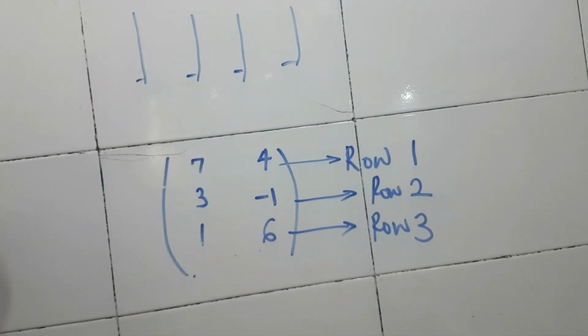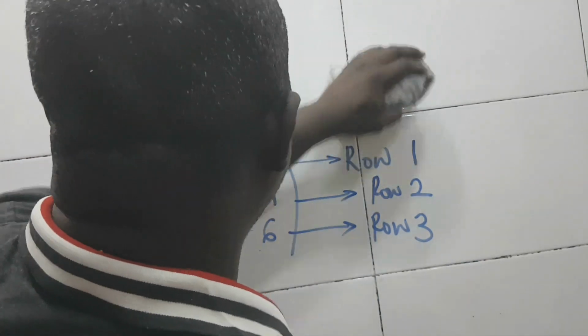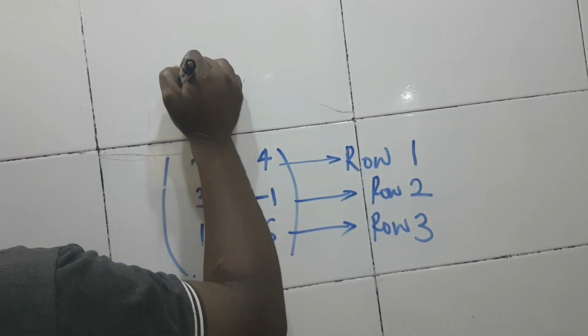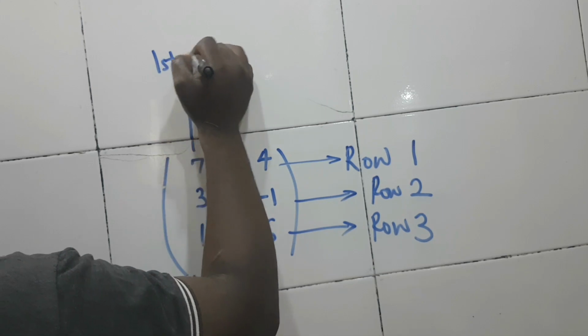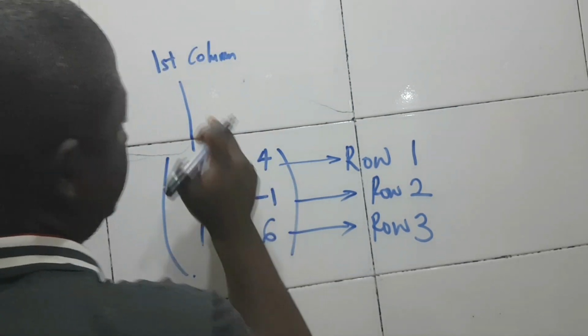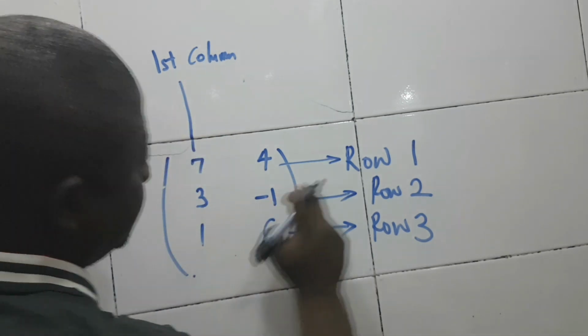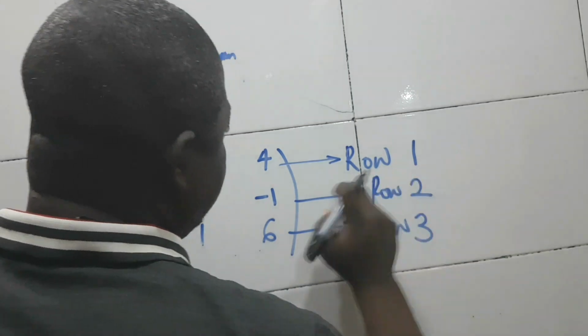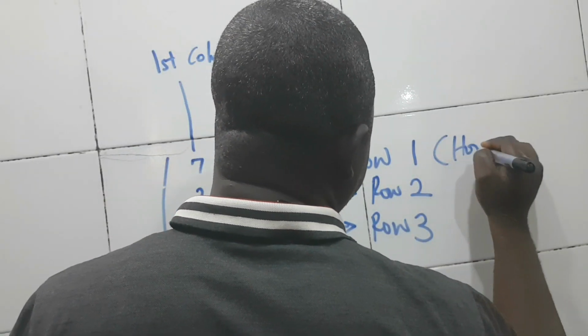That is now a column, the vertical axis. This is from this 7. This is the first column. If you go again, this is the y-axis, x-axis. This is vertical, this is horizontal. Row is horizontal.